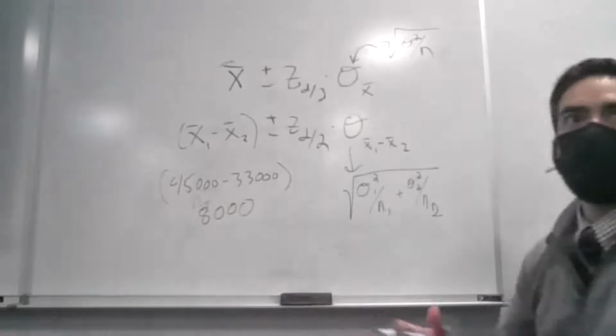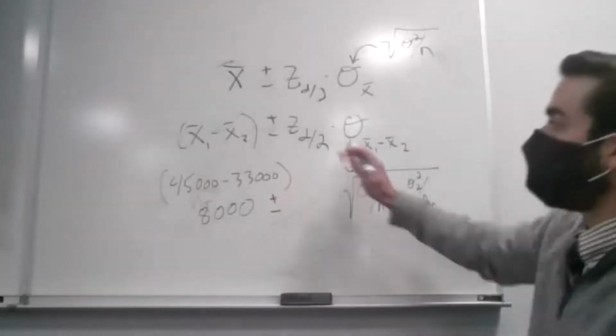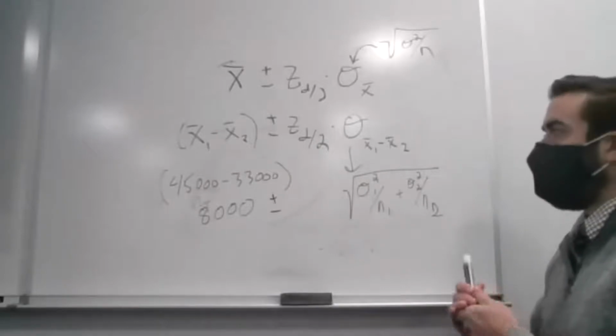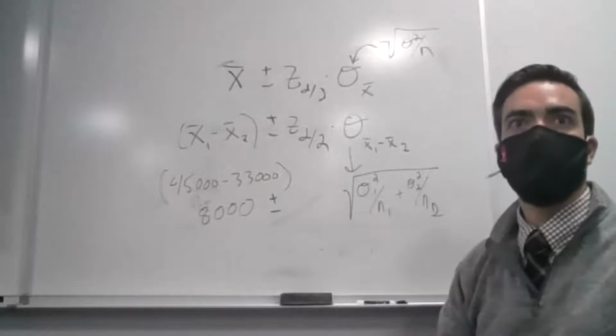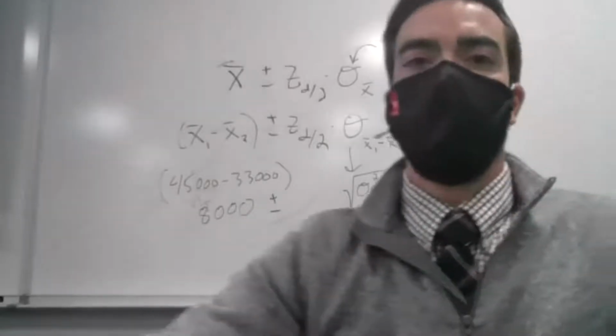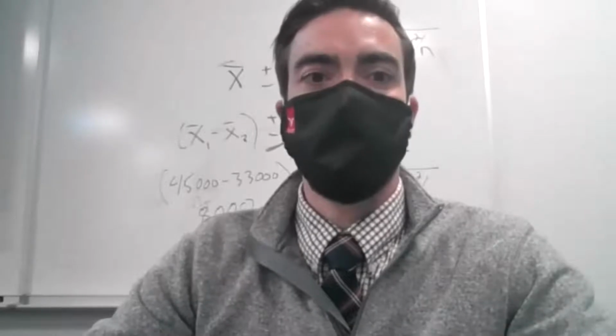Our confidence interval is going to be based around 8,000, right? And then we're going to add and subtract some stuff to it, but at least we know we're basing it around whatever the differences we saw in those sample means.